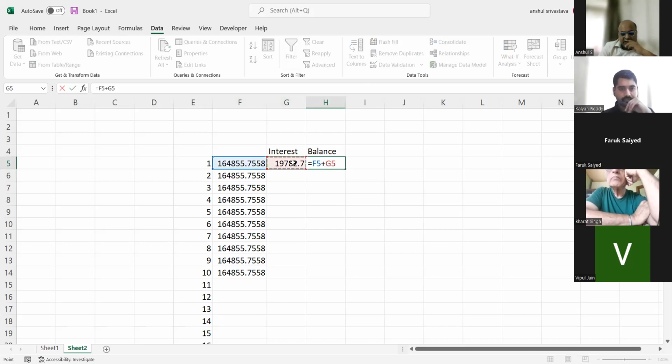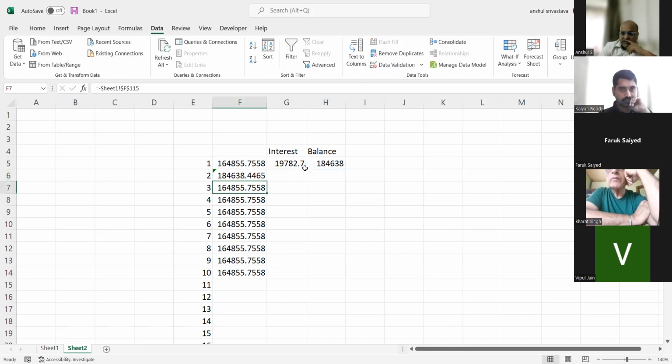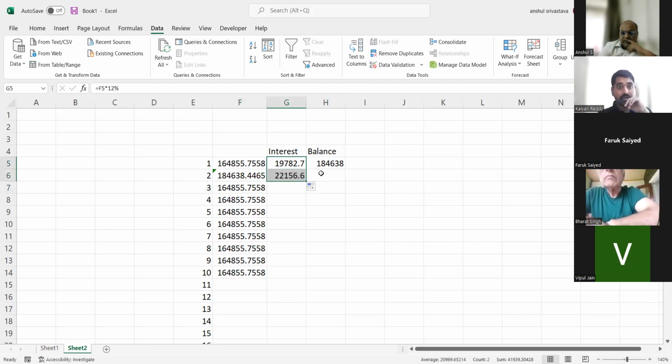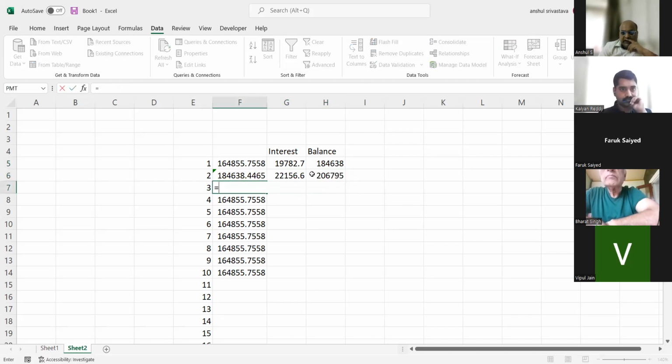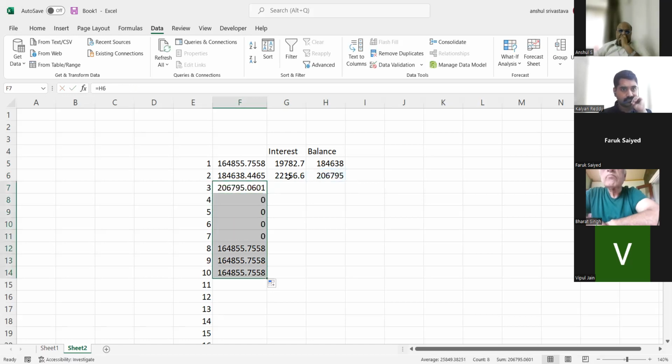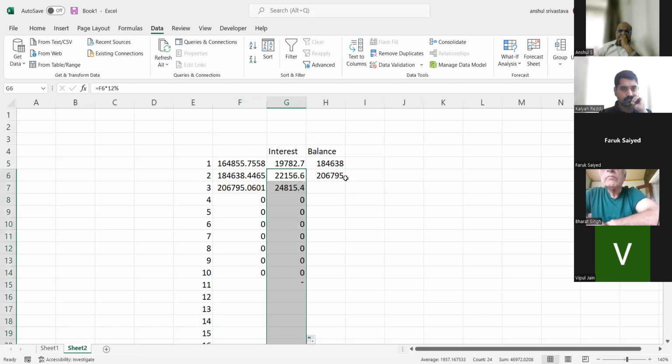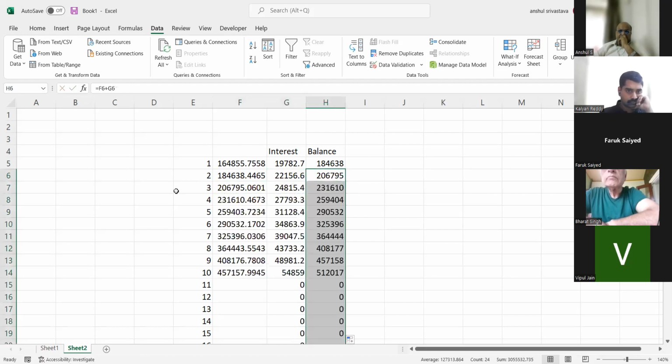After 1 year, the principal would be this amount now. This would be the balance. Interest will increase, it will become 22,000. It will keep on increasing. Your final balance will be our accumulation.